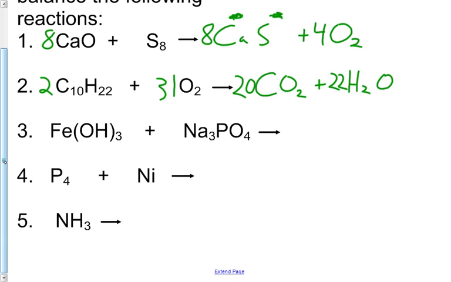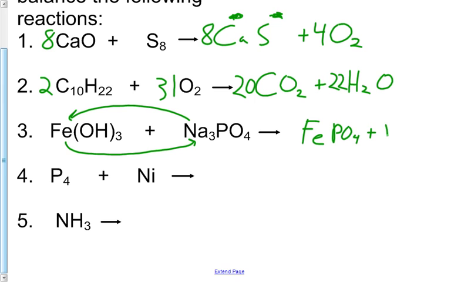Number 3. We've got 2 ionic compounds. So what kind of reaction is it? Double replacement. So we have to swap the metals in a double replacement reaction, meaning that sodium and iron will be in new places. So we will have FePO4 and NaOH. Now they're both ionic, so I have to check my drops and swaps. OH is -1, sodium is +1, so sodium hydroxide is okay.